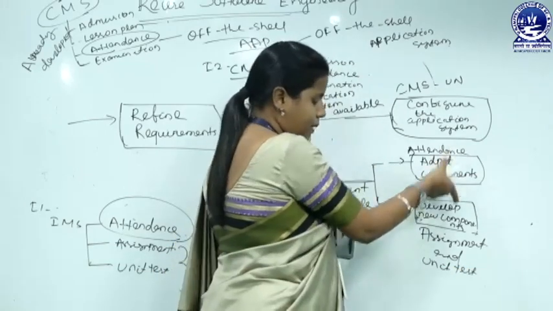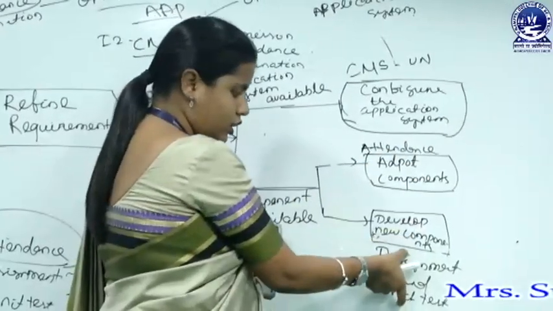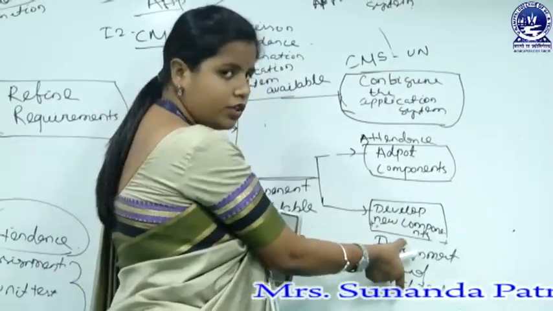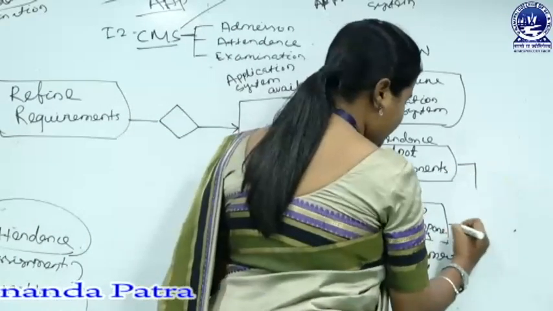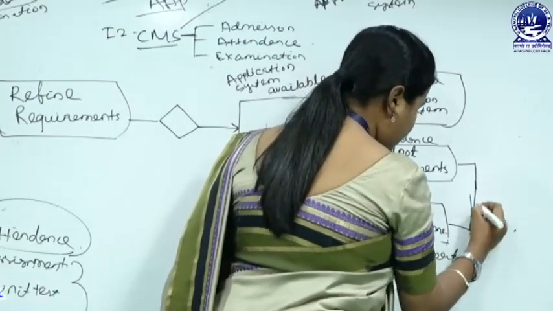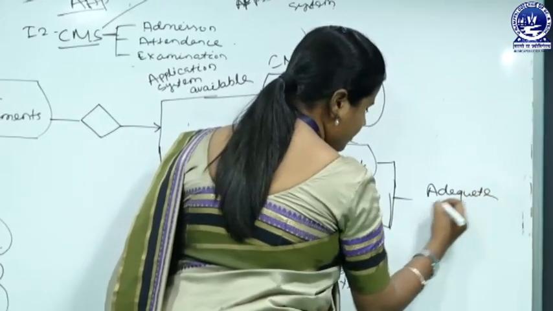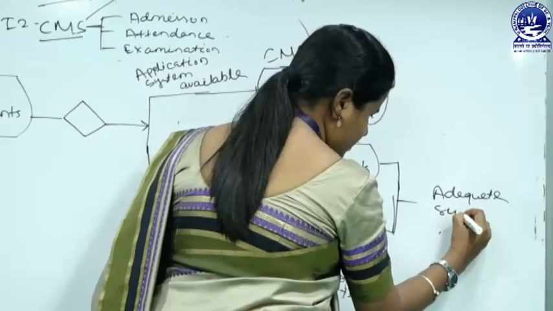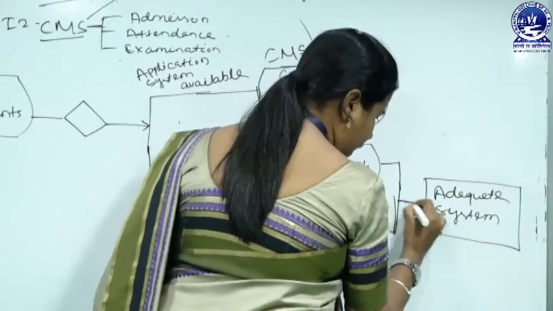Now, by combining these things, the adapted attendance and the new components that we are going to code, assignment and unit test, what will we get? We will get the adequate system. So, this is our output.